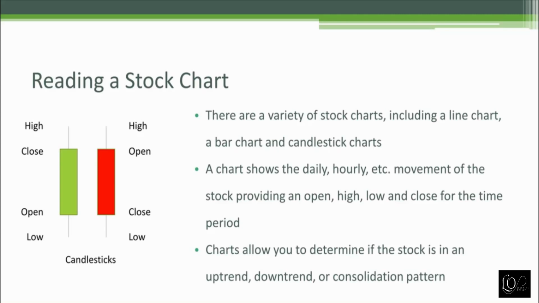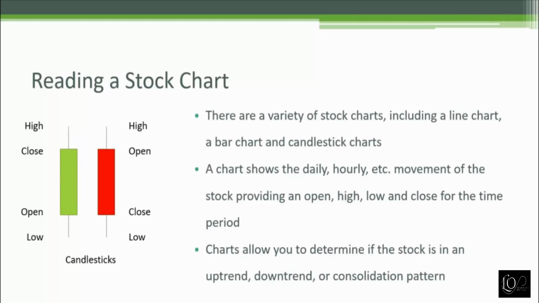You'll have a green or red body, which is shown here. That's the body of the candlestick. And then you'll have a wick. You can have a wick on the top and a wick on the bottom of the candlestick. Each of these is a wick. So for our green candlestick, the top point of the wick is the high price for the stock during that time period.